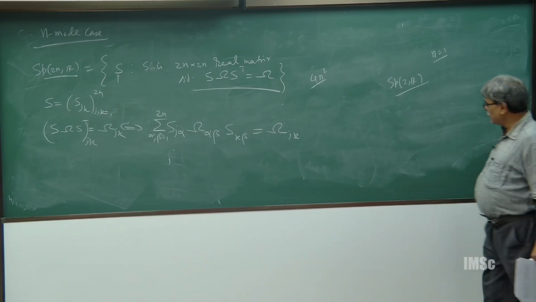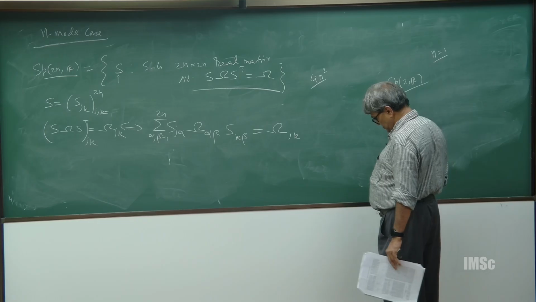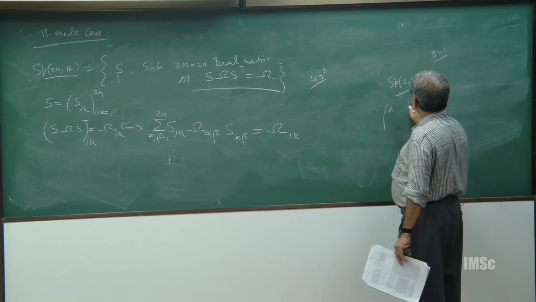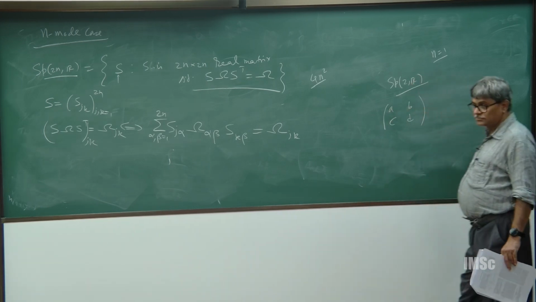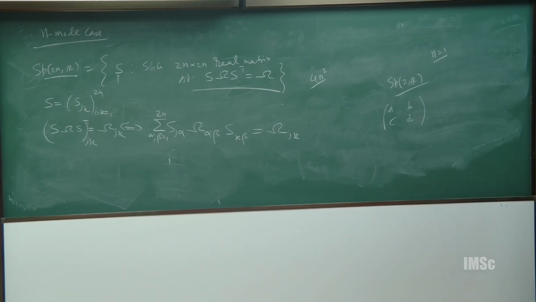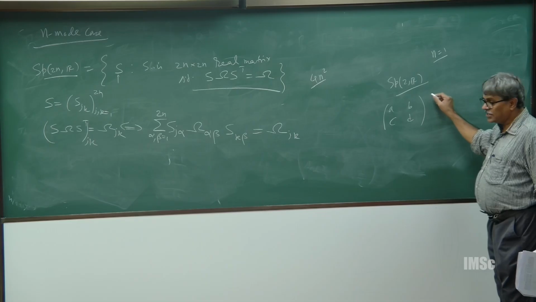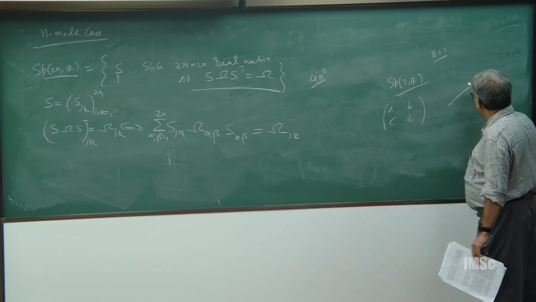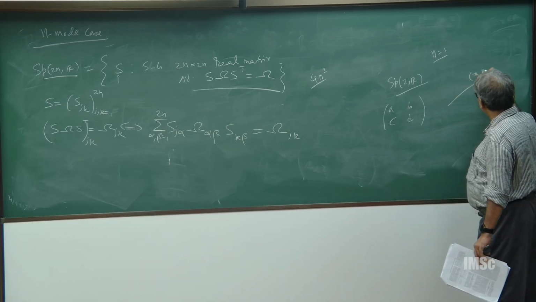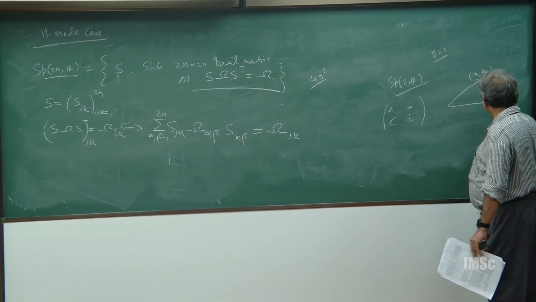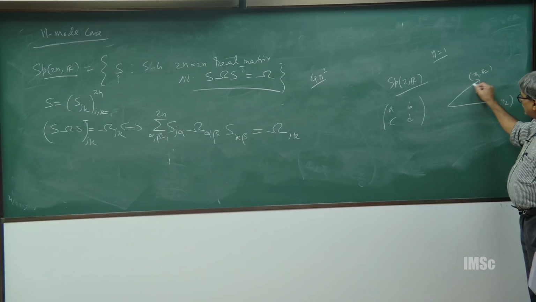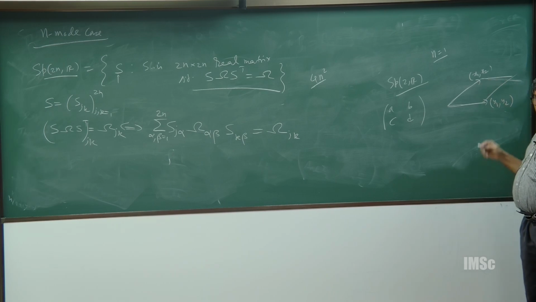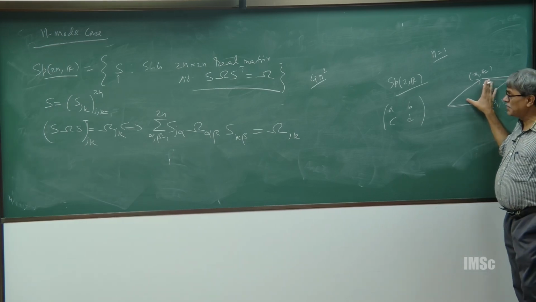So if I take a matrix with entries A, B, C, D, area preserving means that, acting on any vectors, say x1 x2 as a real vector and y1 y2 as another, the area of the parallelogram should be preserved under this action.